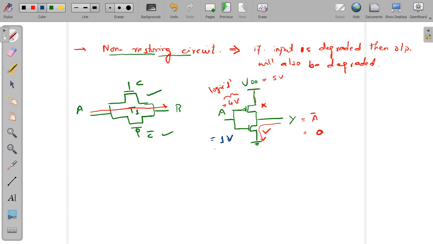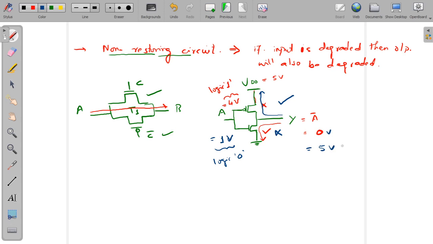Again we know that this 1 voltage will be treated as a logic 0 value, and this logic 0 will make this NMOS off and this PMOS on, and in this case this output terminal will be connected to the VDD or the power supply directly, and that will make this Y as 5 voltage.